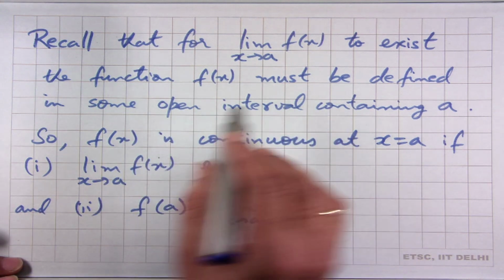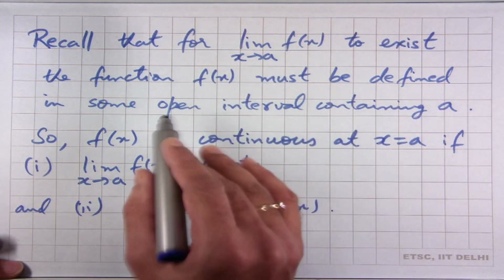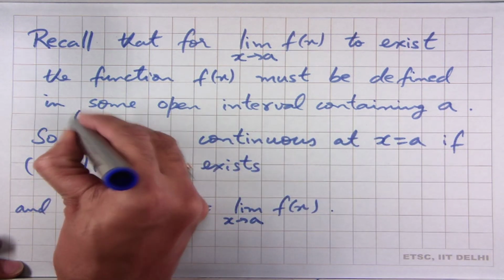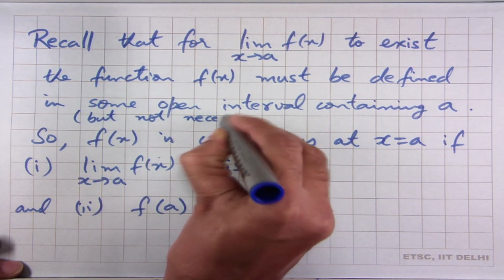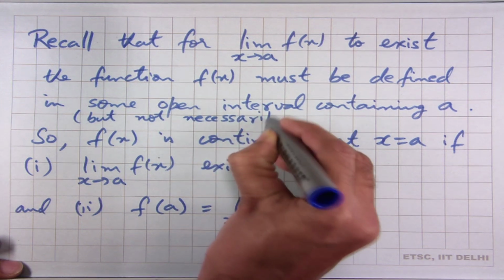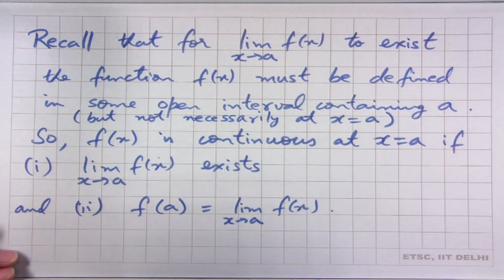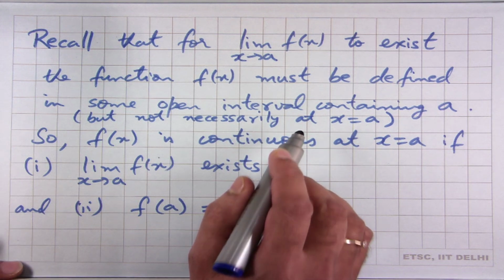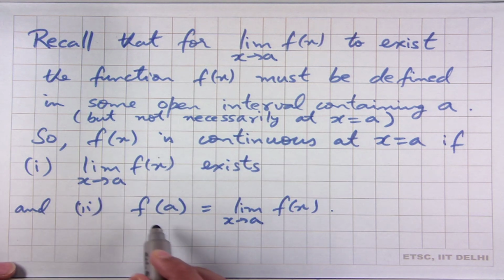Let me say here that for the limit to exist, we want the function to be defined in some interval containing a, but not necessarily at x equal to a. So, for the limit we do not require the function to be defined at x equal to a, but the continuity definition is that the value of the function at a must be equal to the limit.